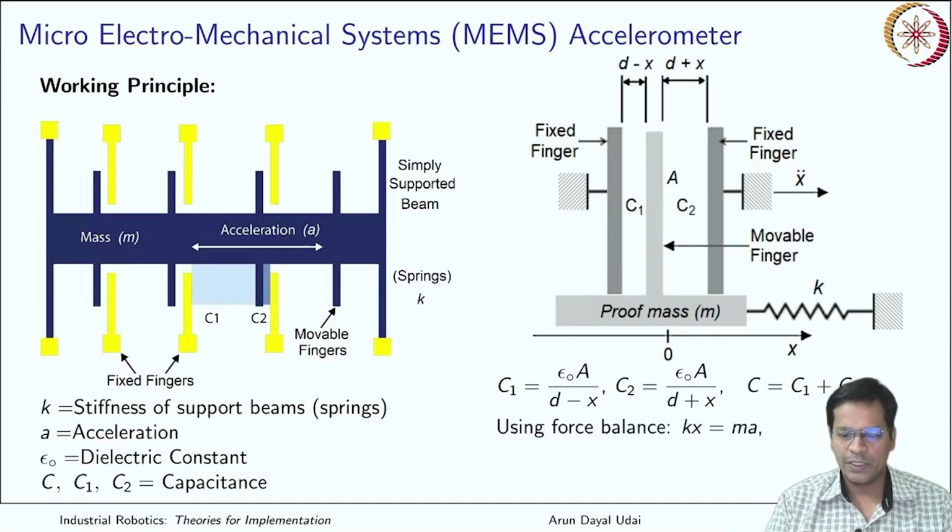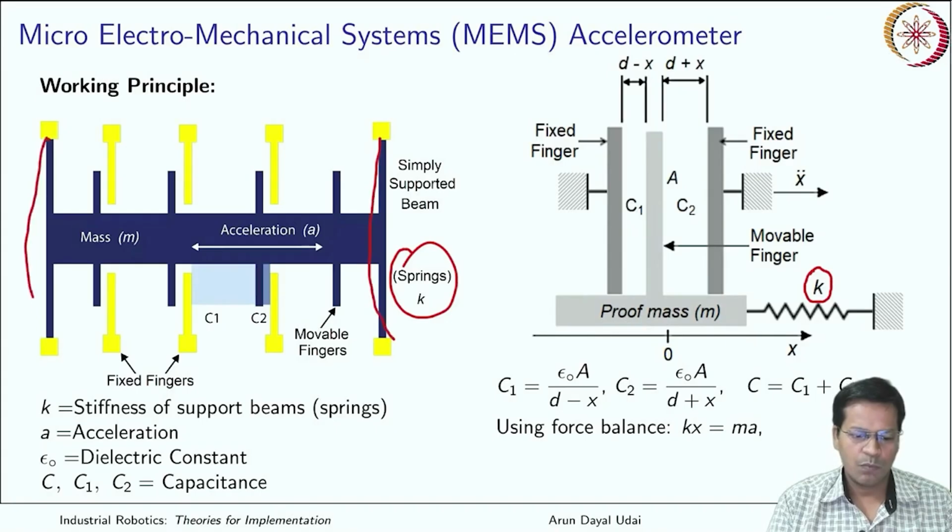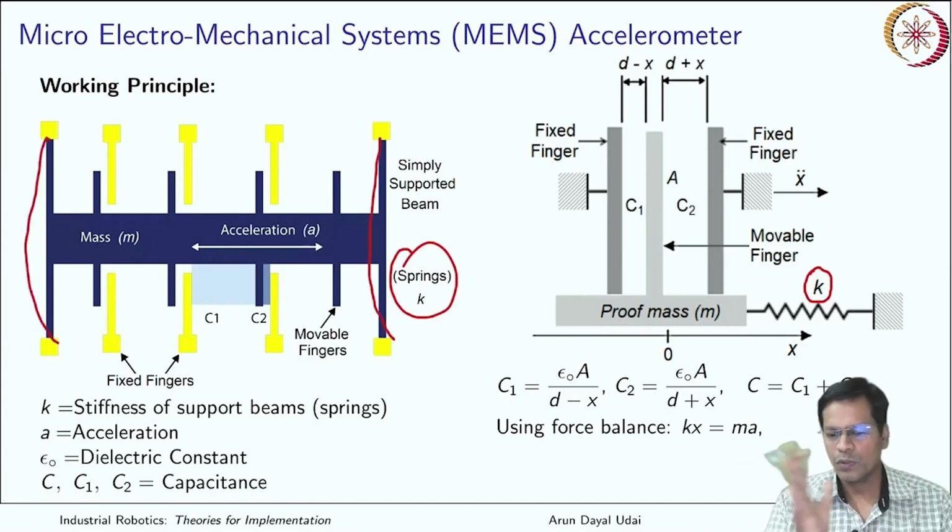So what happens here? Using the force balance equation, I can obtain this equation. This is the stiffness of the spring on which the proof mass is suspended. This was the spring which actually moved like this, so it can flex. The stiffness is K, so K times x, where x is the displacement, is the restoring force.